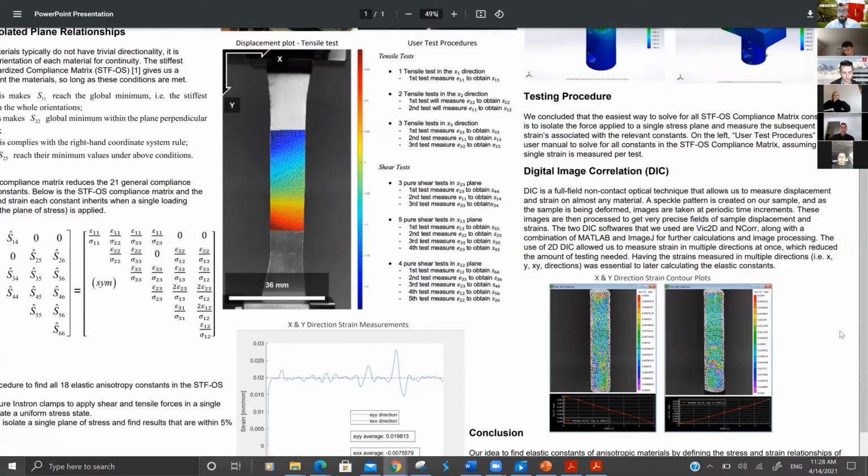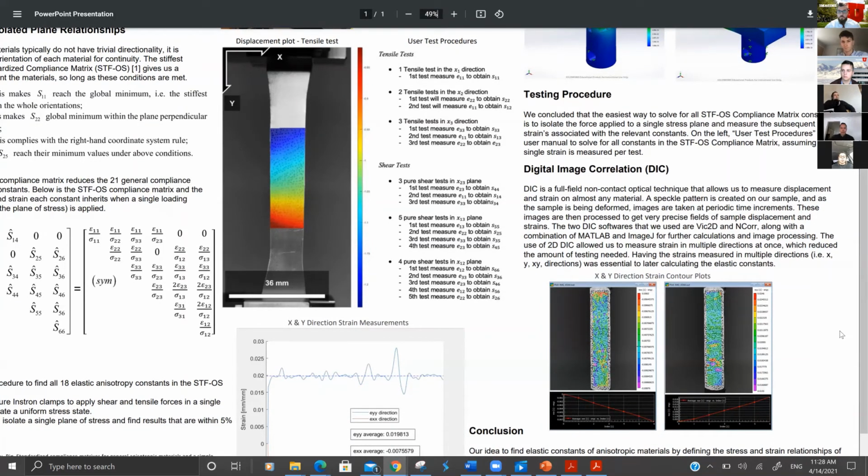The way that DIC works is you paint a speckle pattern on the sample, and we track those speckles as the material is deforming through images at specific increments of time. Later on, I'll show you the video of our setup, but the software we used to do DIC were Vic2D and Ncorr, along with a combination of MATLAB and ImageJ to help with the image processing.